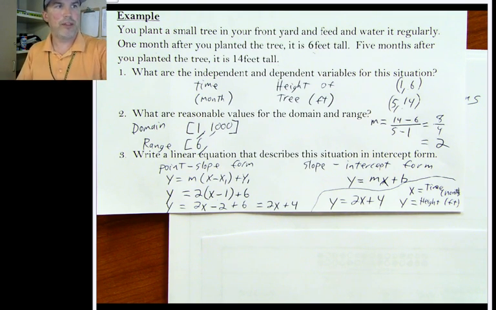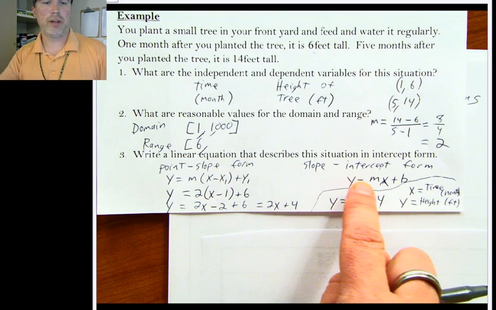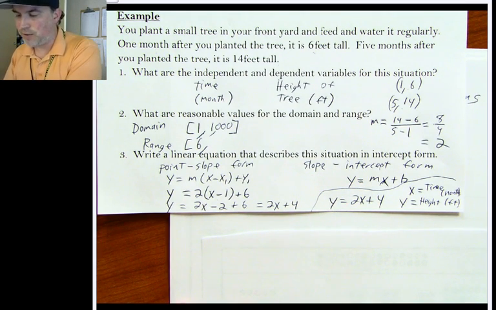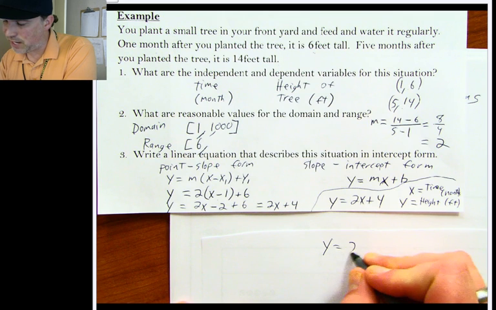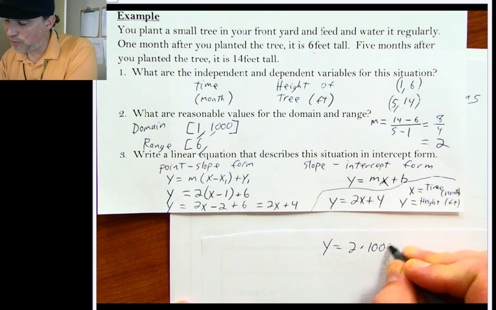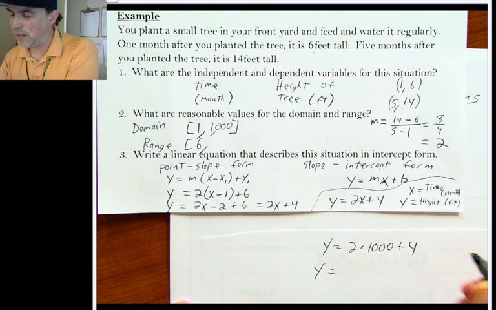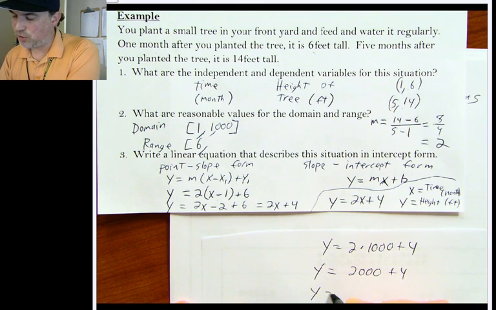You can plug the top value of your domain into your equation, and that'll tell you what the height is at the end of your domain, which will be the top of the range. So in this case, I have 2 times 1,000 plus 4. 2 times 1,000 is 2,000, plus 4, which is 2,004. So about 2,000 feet.